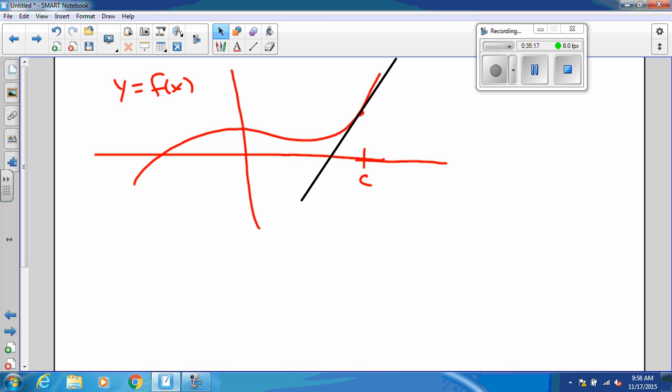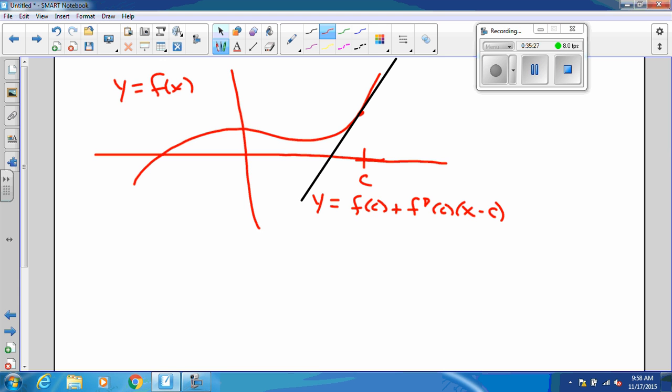And we know already that the tangent line has the equation y equals f of c plus f prime of c times x minus c.